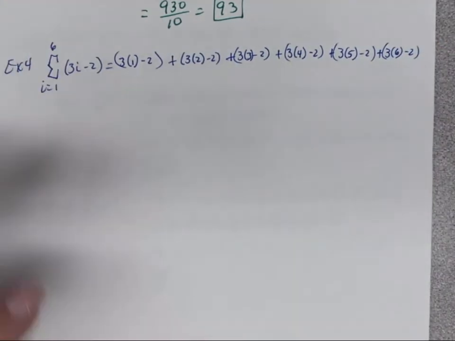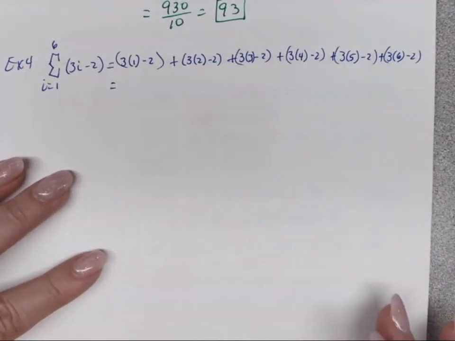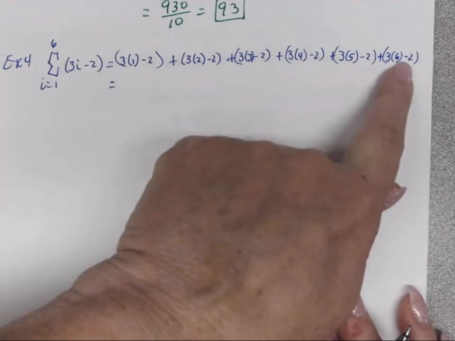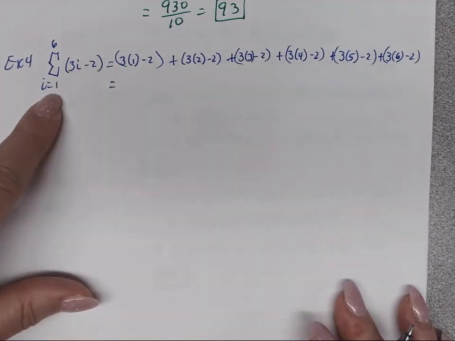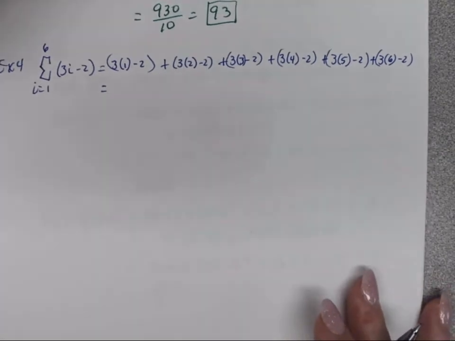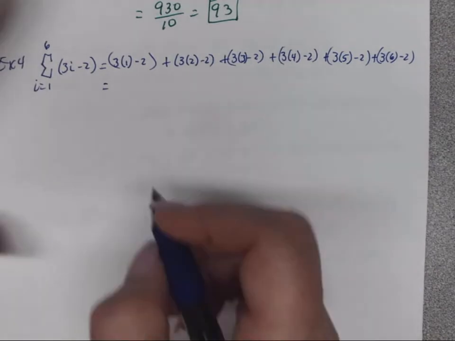And again, I'm doing the grouping so I can see where each term is. So I plugged in 1, 2, 3, 4, 5, and 6 wherever my i was because it's 1 to 6. All right, so now we're going to step this out a little bit, and I'm going to take it step by step because I don't want to lose anybody.